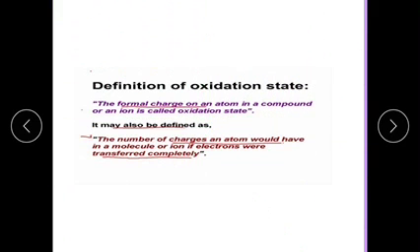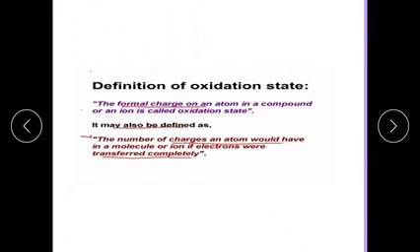Now let us see the definition of oxidation state or oxidation number. The formal charge of an atom in a compound or ion is called the oxidation state.